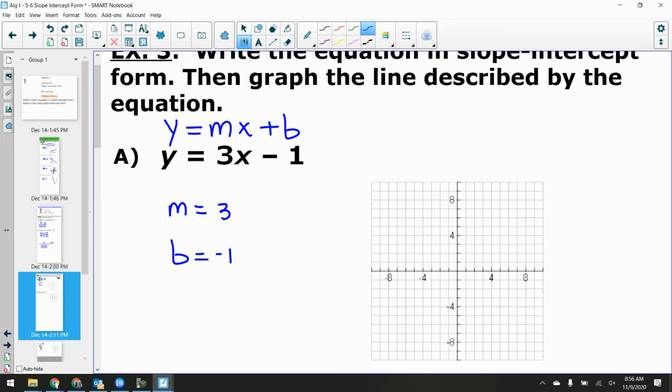So now we graph by taking the y-intercept as -1, and my rise over my run is 3. So I go rise 3, right 1, rise 3, right 1, rise 3, right 1, down 3, left 1, down 3, left 1, down 3, left 1. And now I connect my dots accordingly.